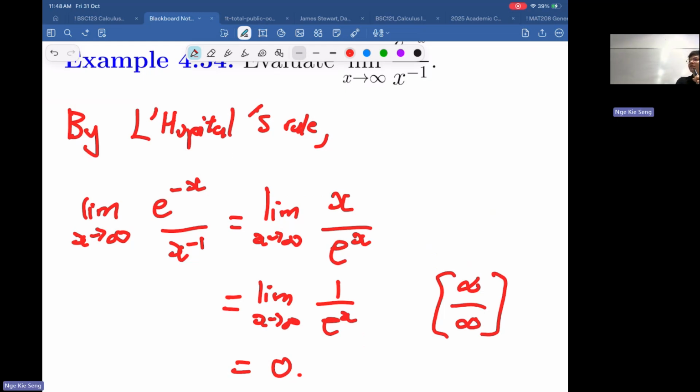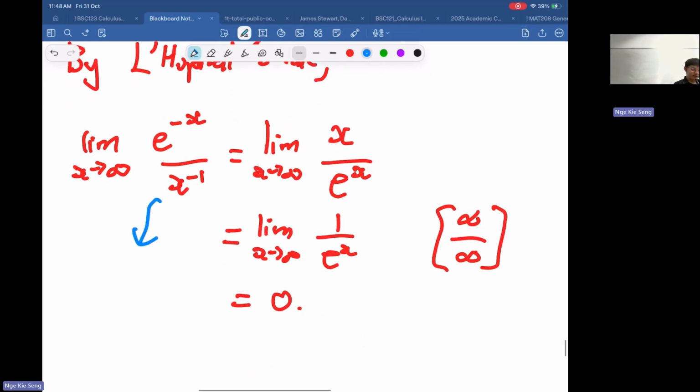Did anyone try differentiating e to the minus x and differentiating x to the minus 1? Anyone do that? No? Wow. Everyone's so brilliant. If you differentiate e to the minus x, what do you get?